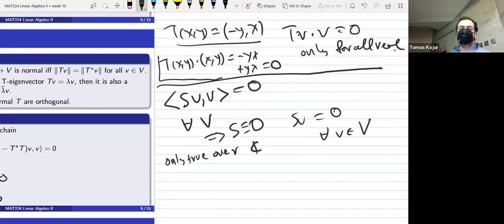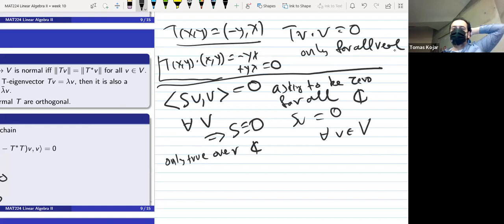So here your assumption with complex is stronger. You're asking it to be 0 in a larger space. So asking it to be 0 for all complex, here you're only asking it for real. So you have more degrees of freedom that you're telling it, no, 0.